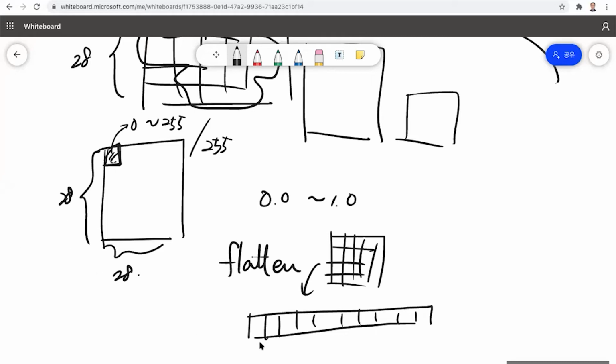Then the number of rows and columns, I don't care. The total number here is 28 by 28, so it's some number.